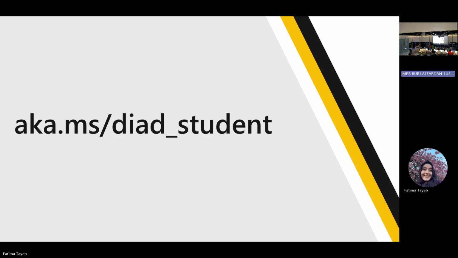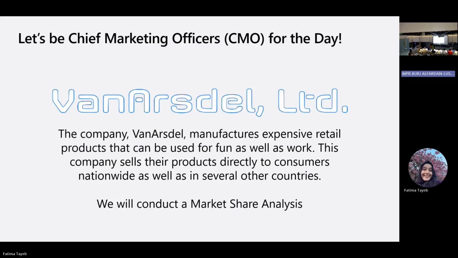Okay, so this is the scenario for today. There's a bunch of different data sources that we have access to, and we're going to wear the chief marketing officer's hat for the course of these coming weeks. This is our company called Van Artsel Limited. It's an expensive retail brand. It operates in the United States, and it also has different subsidiaries in Japan, Australia, Nigeria, all over the world, and they sell different consumer goods.